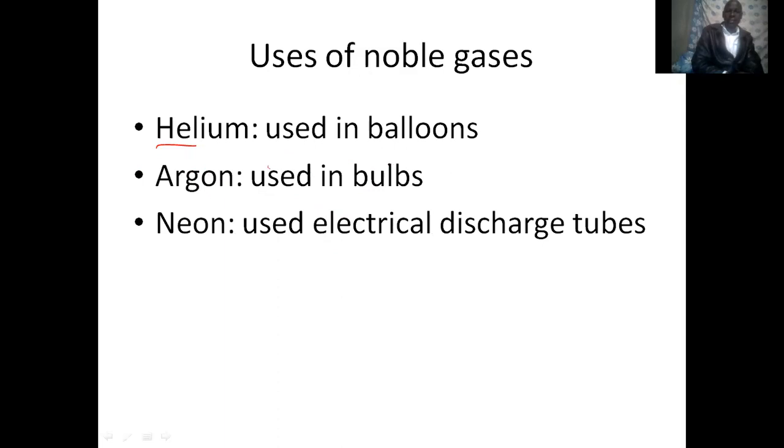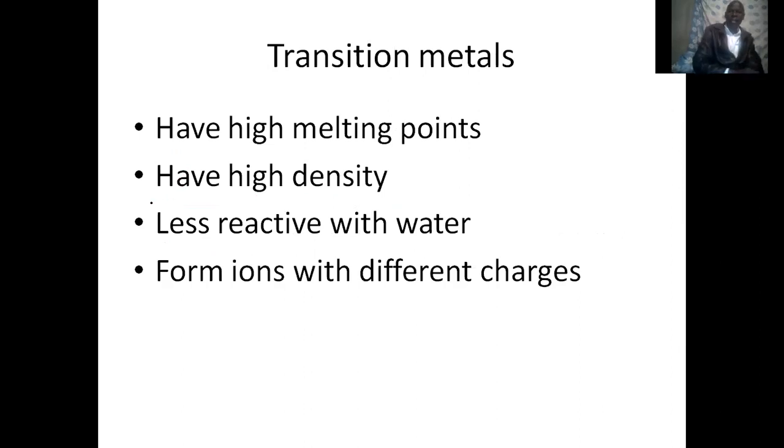For example, helium is used in balloons, and argon is used in bulbs because it does not react, even if a copper metal is there. Neon can also be used in electrical discharge tubes. Because of their unreactivity, they are widely used in environments where reactions are not necessary.